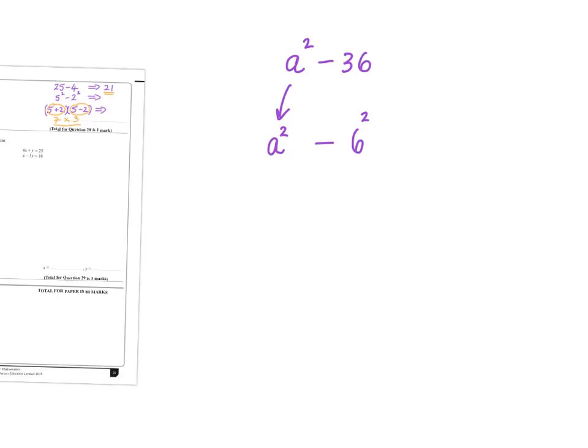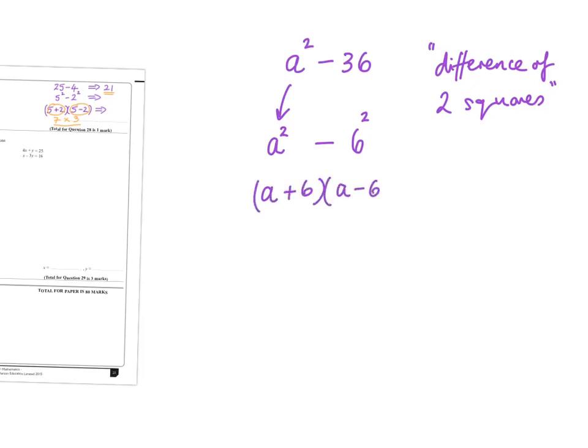So we've written it as a difference of 2 squares. So it means we can write it as a plus 6 times a minus 6. And incidentally, you could have written it as a minus 6 times a plus 6, because they're both the same.